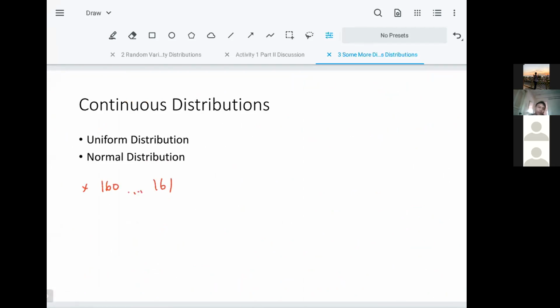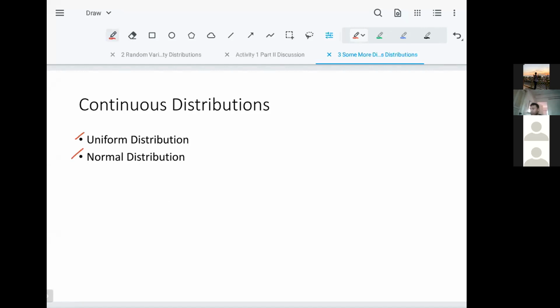So it's impossible to tabulate continuous distributions. Instead, we express them as functions. And when you have a function, you have a graph, right? That's what I mean by pre-calculus or algebra: you know they have graphs, and you know how to graph them. That's the characteristic of continuous distributions. So we're going to discuss two: uniform and normal distribution.